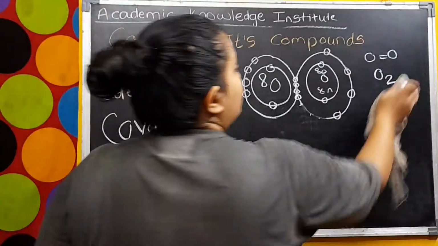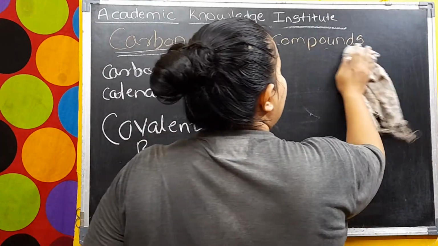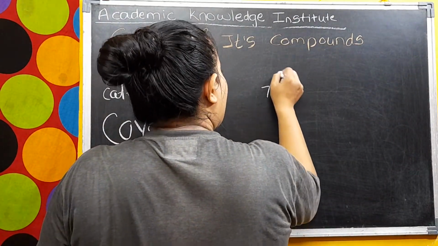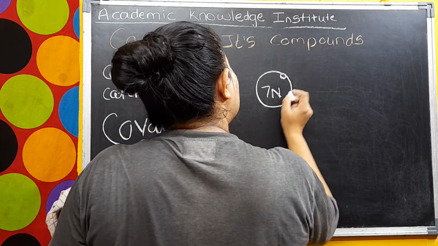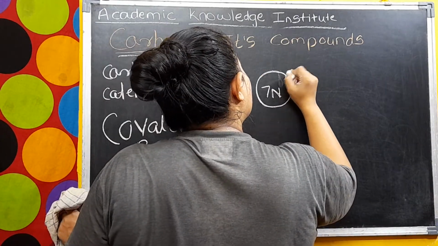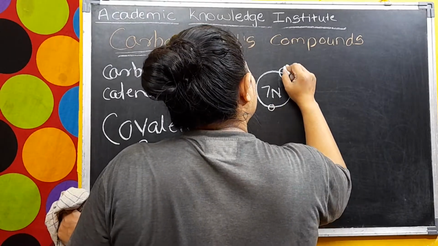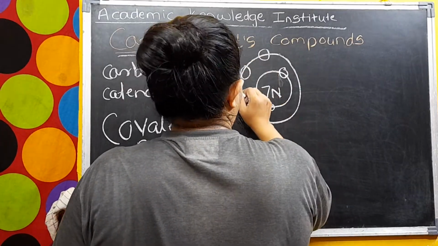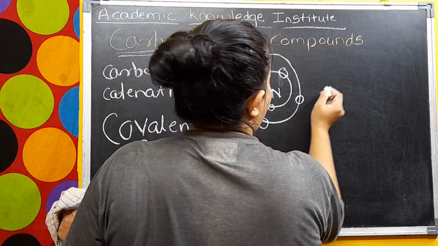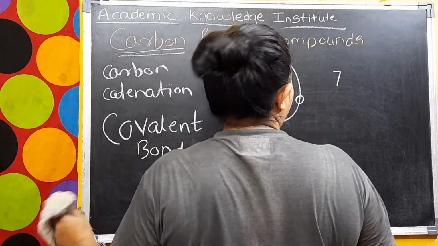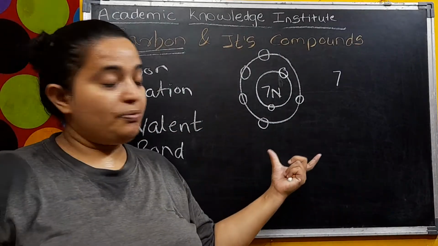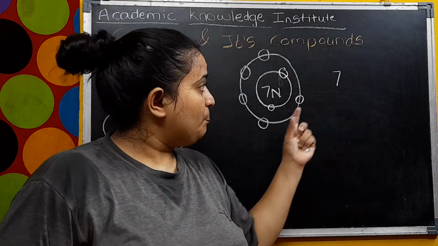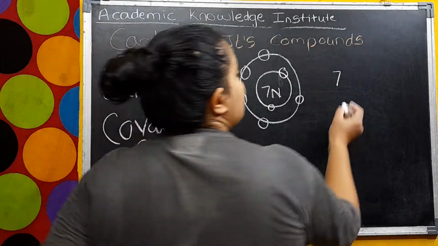Then if we see the example of nitrogen, nitrogen has atomic number 7. In the first shell they will have 2 electrons. Then in the second shell they will have 5 electrons. So how many more electrons are required to fulfill the octet? 3 electrons. So they will share 3 pairs of electrons with this other nitrogen.